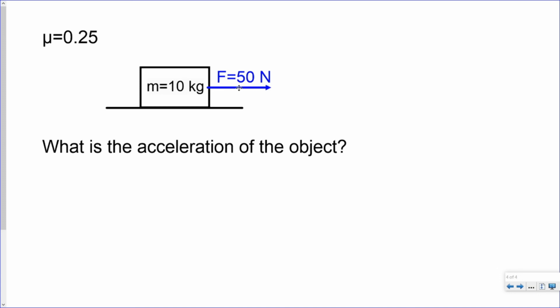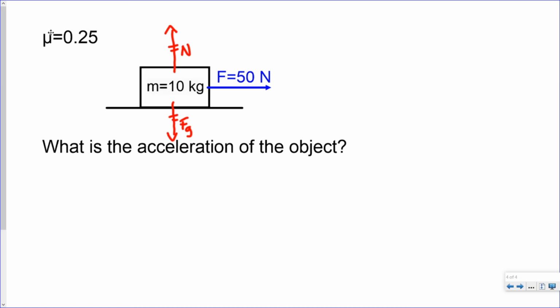What other forces do we have that are not drawn on here? So you should immediately think, hey, there's gravity pointed down. So Fg. What about pointed up? Well, we're not told otherwise, so we're going to assume that it's not going through the floor and it's not starting to float, so we have the normal force pointed up. And what do we know about these two? They are equivalent to each other.